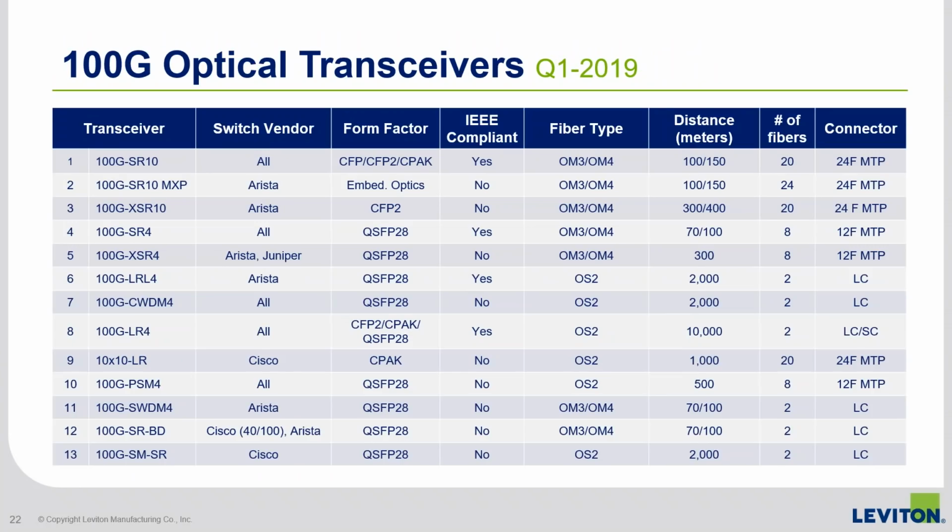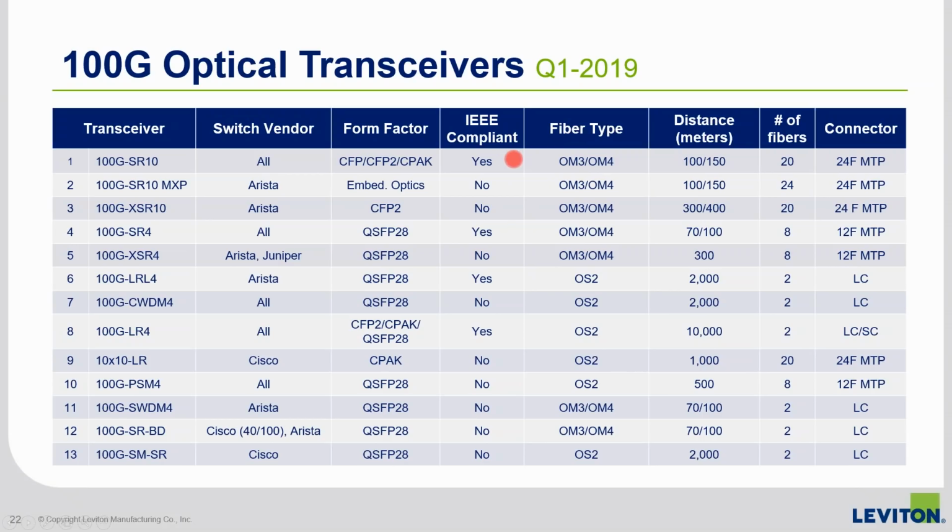Okay. Next I want to talk about transceivers. This is a list we've tracked pretty closely over the years, and the point is not to go through every one of these. The bottom line is there are lots of options. There are 13 different options for 100 gig transceivers, and it's added a lot of complexity. Whether it's multi-mode or single mode, different reaches, different connector types, there are lots of options.